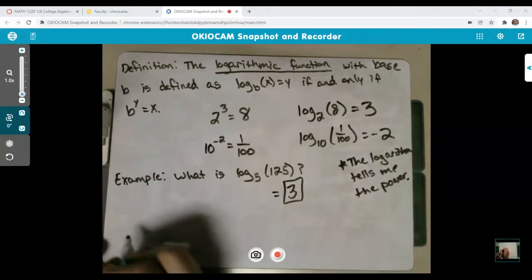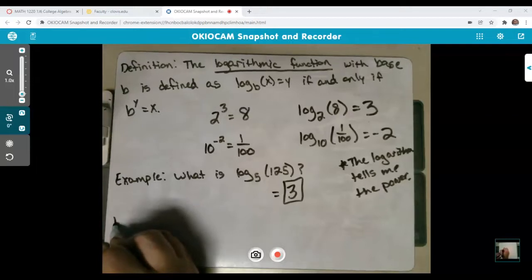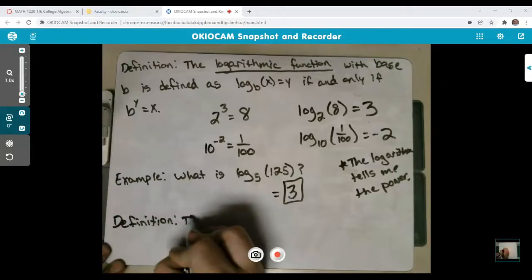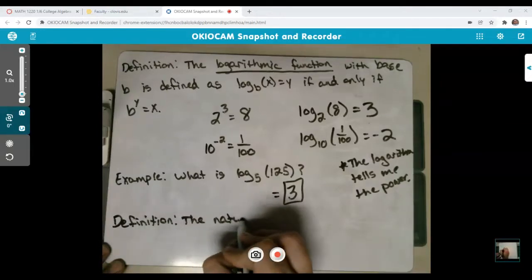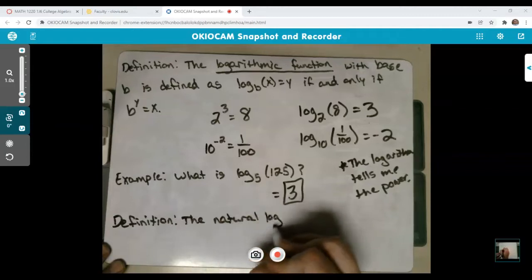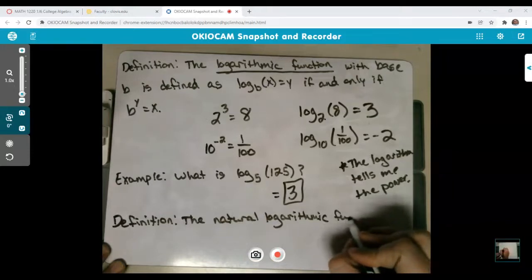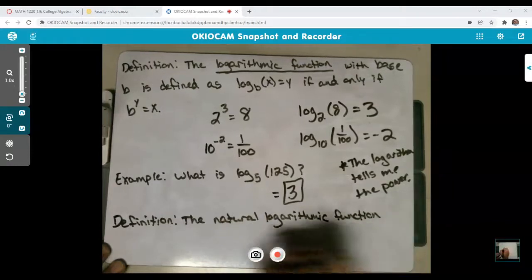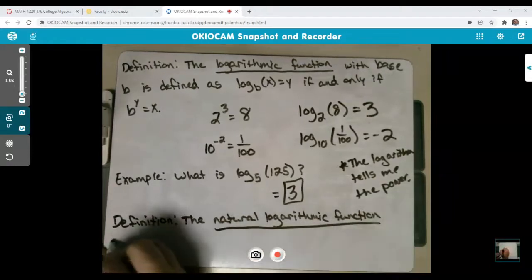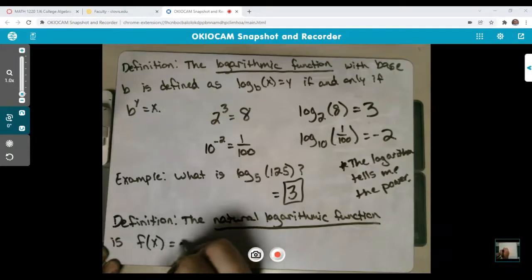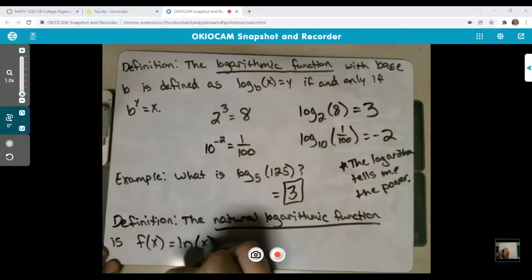Just like we did for exponentials, we have something that's called the natural logarithm, the natural logarithmic function. It is f of x is equal to ln of x.